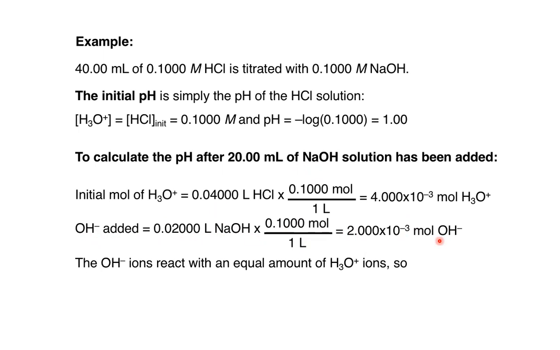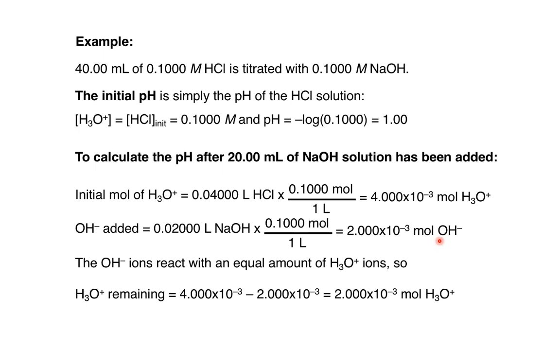Now, the OH- ions react with an equal number of H3O+ ions. So the H3O+ remaining is going to be the initial number of moles of the H3O+ minus the amount of OH- ions added, because remember, they react 1-to-1.